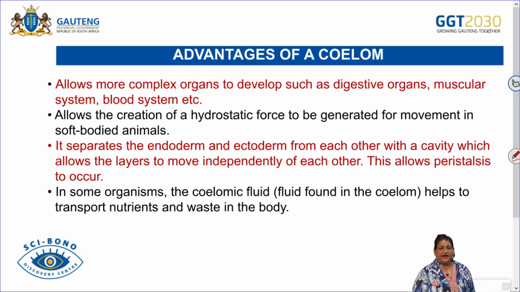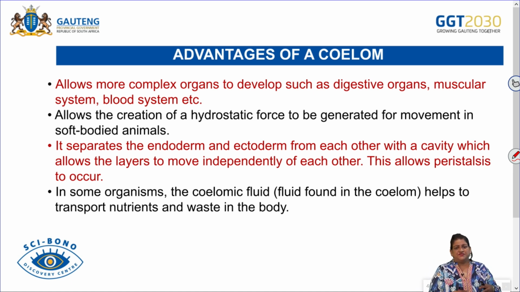Now, what is the advantage of an earthworm having a coelom, a true body cavity filled with fluid called coelomic fluid? First of all, because your coelom is like a cavity, it's going to allow your complex organs to form. So from your ectoderm, mesoderm, endoderm, your endoderm can give rise to different organs now because there's a cavity there.